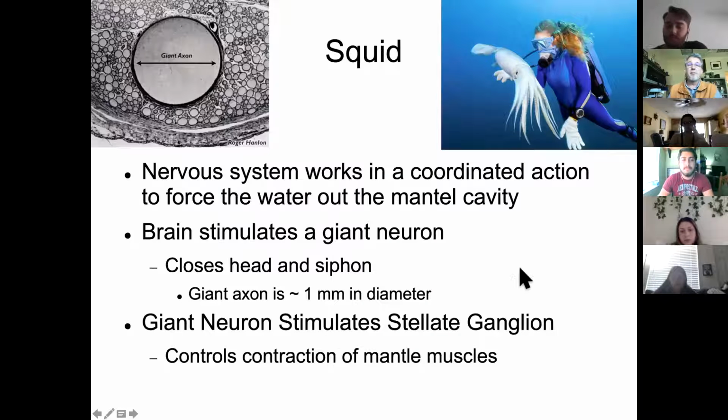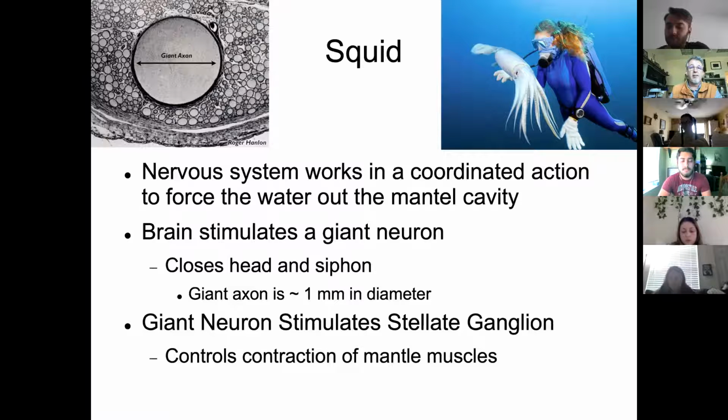Now squids have been maybe our first model organism, not only in neuroethology, but just straight up neurology. And one of the reasons for it is their nervous system includes a giant axon, which you gotta say with that voice. I mean, anytime you have the word giant in front of it, it's gotta be guttural.